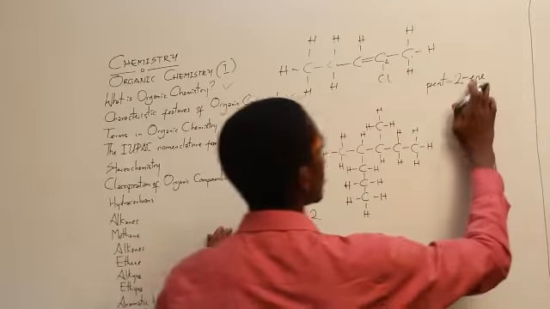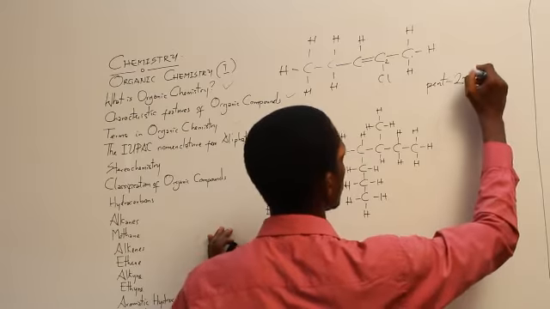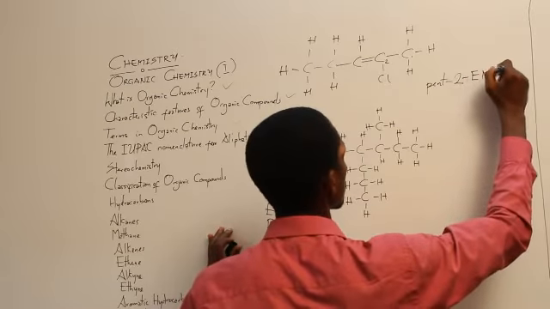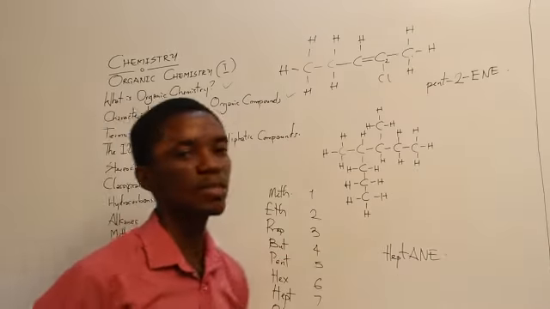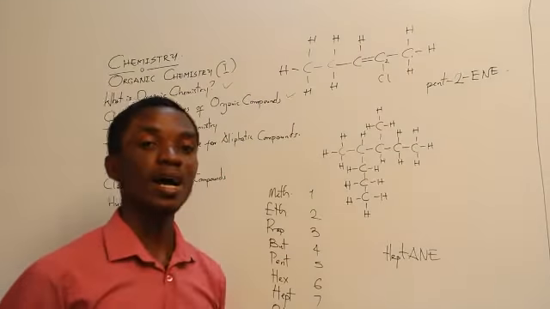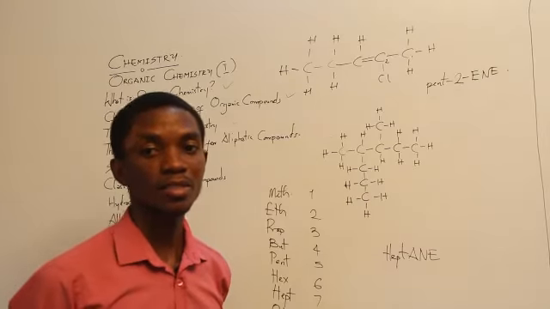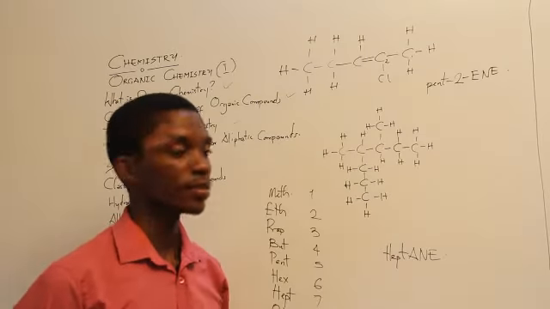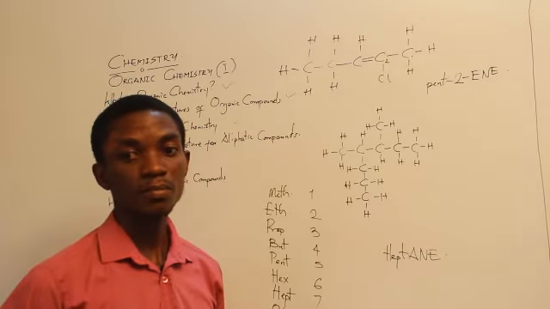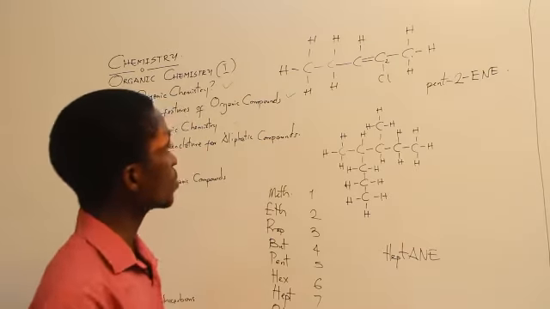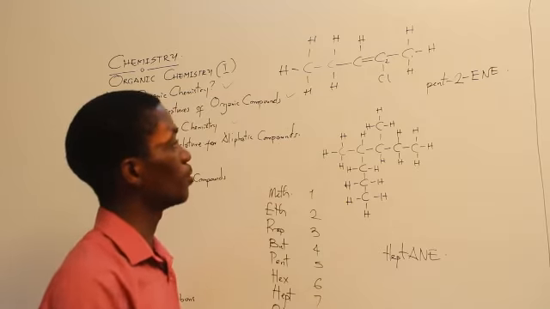Now this ene is showing the family it belongs to, just like this ane here is showing. It's telling me it is a member of the alkane family. So I can continue naming now.